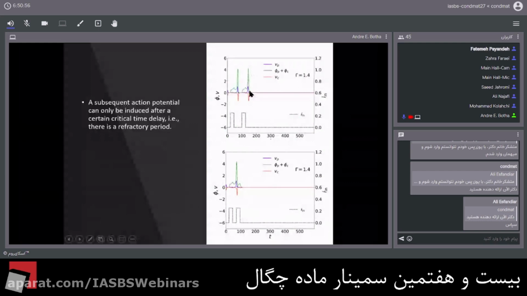But if the same amplitude and width pulses are positioned close together, in other words, two signals following each other very closely, it doesn't trigger the action potential a second time, because the second input pulse then falls within the refractory period of the neuron. So these four features really make Josephson junctions a very attractive model for using in neurological models.